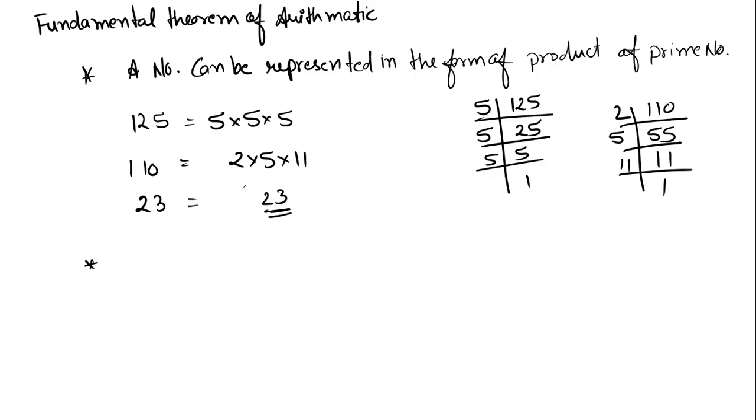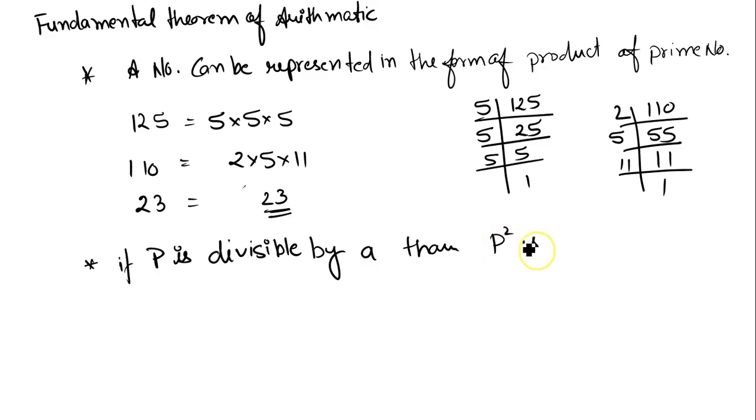So now what does the fundamental theorem of arithmetic basically say? The fundamental theorem of arithmetic says that if a number is given, let us say p is a number which is given, and if p is divisible by a, then p square is also divisible by a.